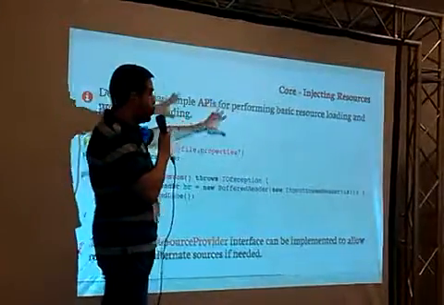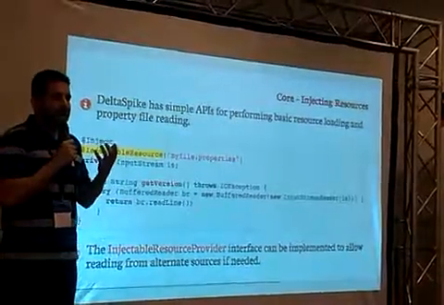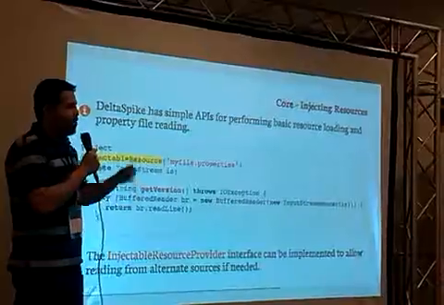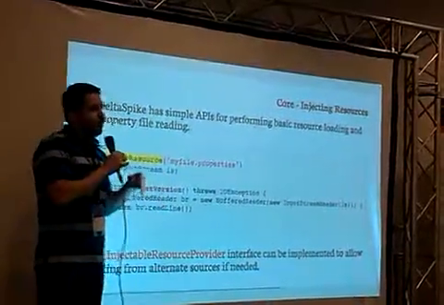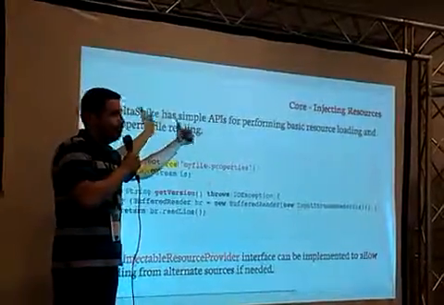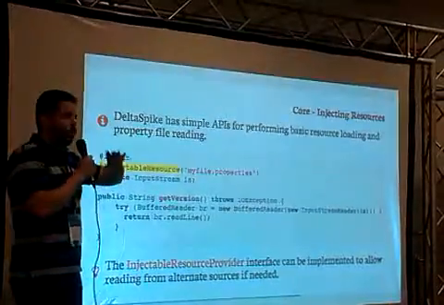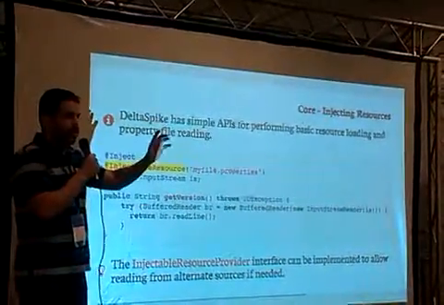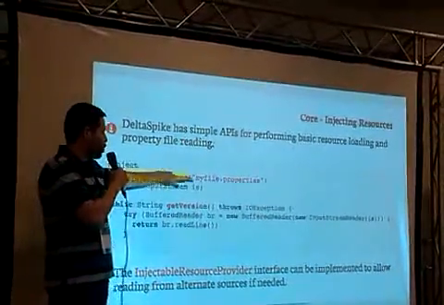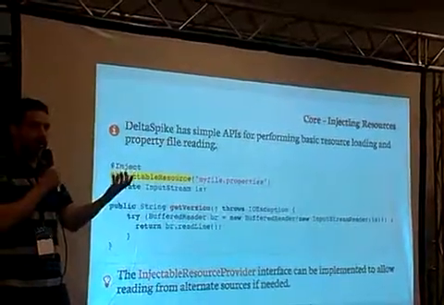DeltaSpike also allows you to inject resources. Most of the time we want to read a file. So we have to have the path, declare it like a new input stream, new file, string reader, whatever. Instead of doing that much code to read a file, I can simply use the annotation InjectableResource and the name of the file, and you already have the input stream of that.